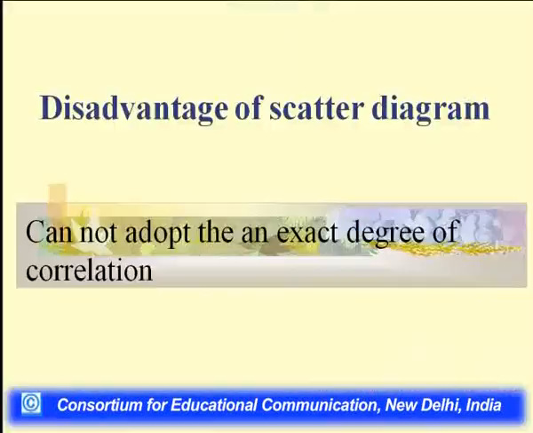Now we will look at the disadvantages of a scatter diagram. It cannot give an exact degree of correlation, because it just gives you the direction and the overall idea of whether the two variables are associated or not, but it will not give you an exact degree of correlation.